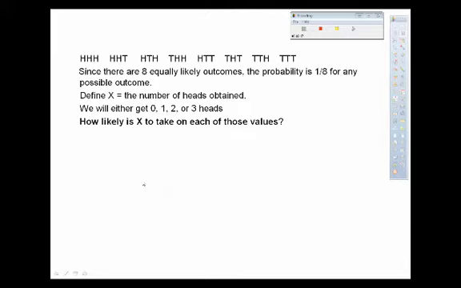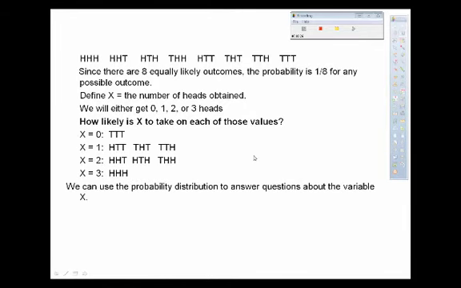To get 1 head, there's 3 ways. 2 heads, there's 3 ways. And all heads, there's 1 way. That would be 3. So 0 would be no heads, 1 would be 1 head, 2 heads, and 3 is our 3 heads.